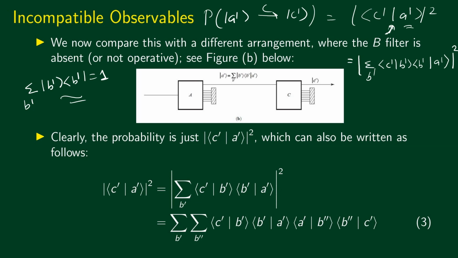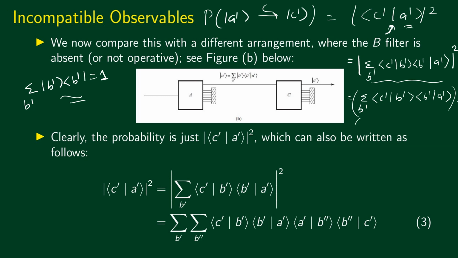So this modulus square can be written as, on the one hand, sum over B prime, bra C prime ket B prime, bra B prime ket A prime. That's this term multiplied by its complex conjugate.